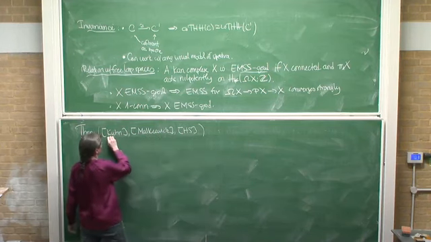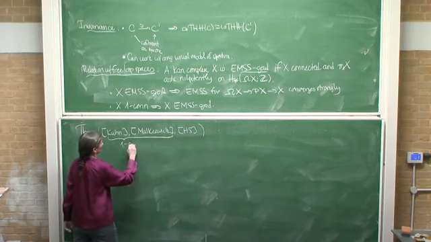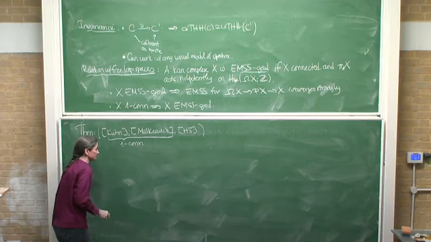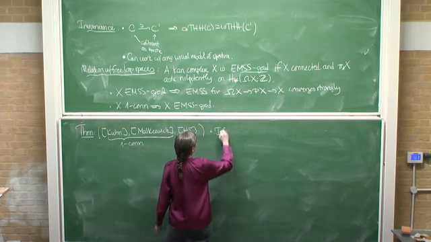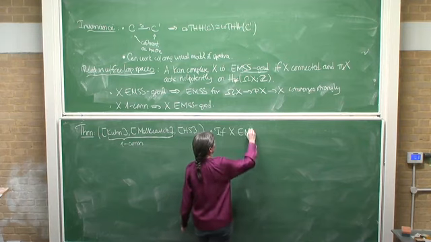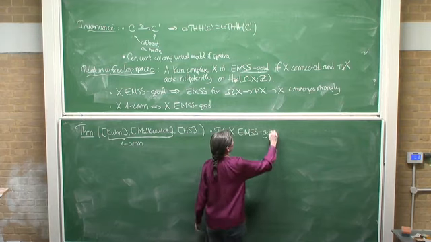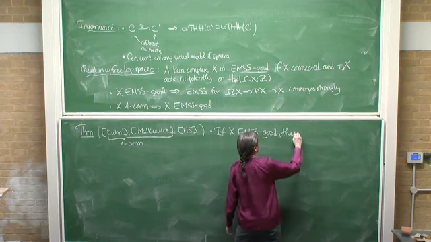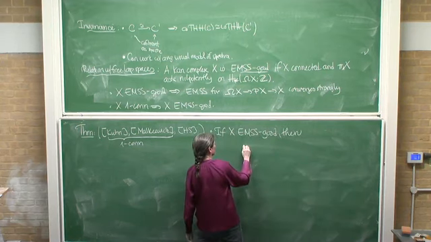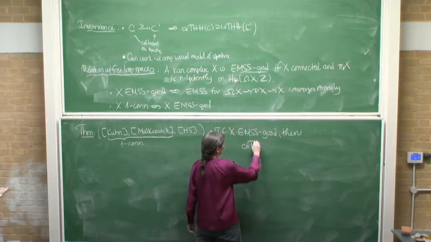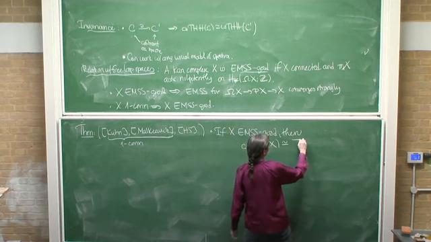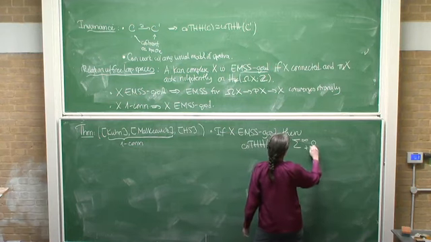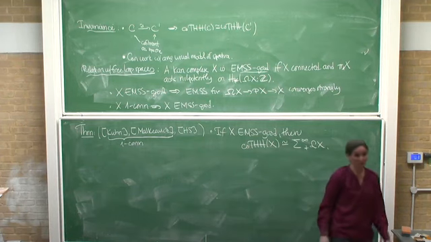So this is the one connected case. If X is EMSS good, then the topological coHochschild homology of X is equivalent to the suspension spectrum of the free loop space.